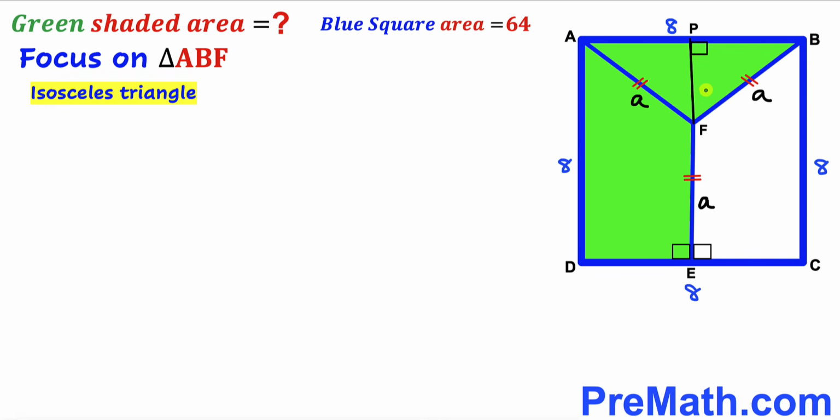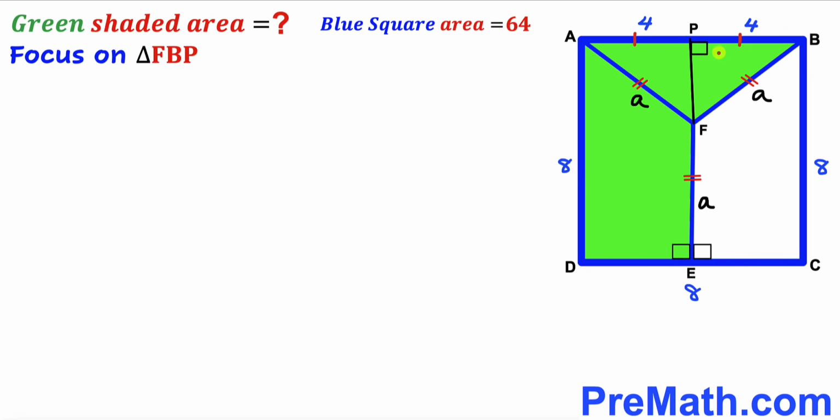Since this triangle ABF is an isosceles triangle, this perpendicular is going to divide this base AB into two equal parts. In other words, AP length is going to be equal to this BP length, and we know this whole length is 8. So this AP length has got to be 4 units, and likewise BP length is 4 units as well.